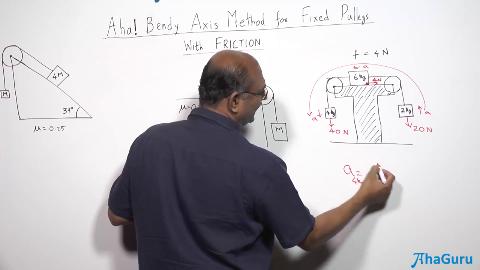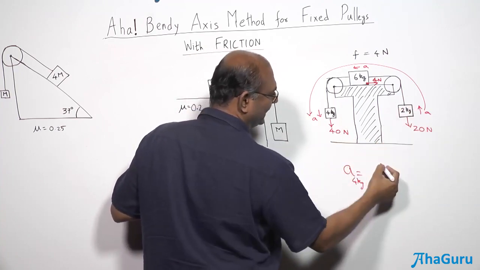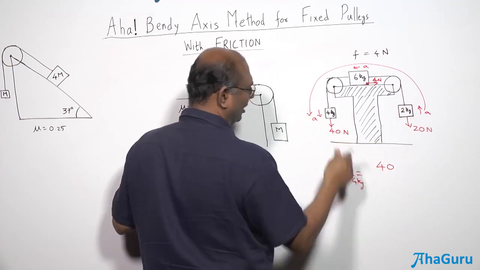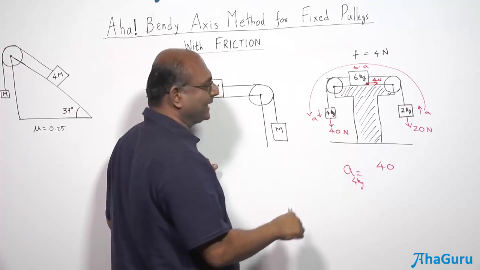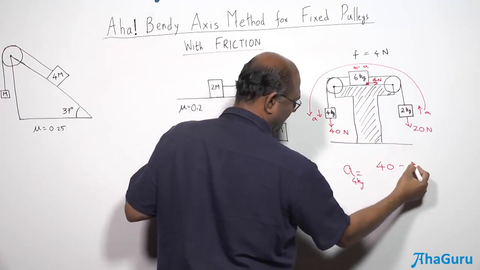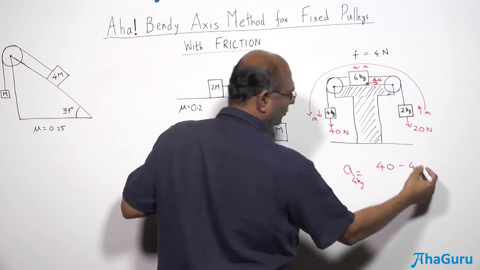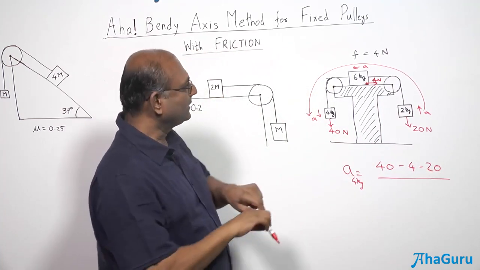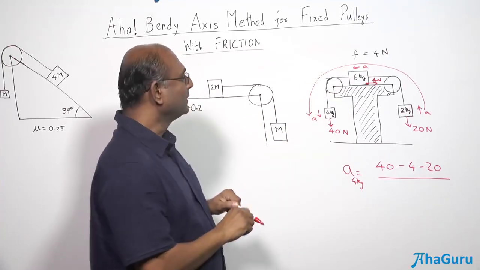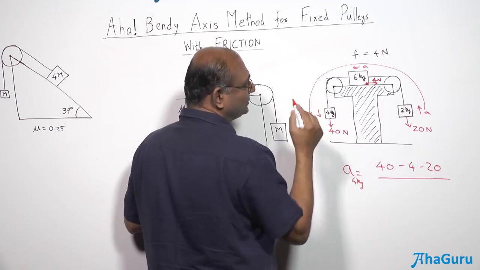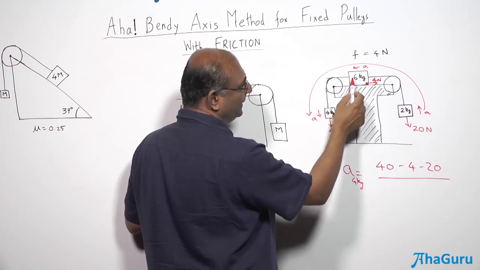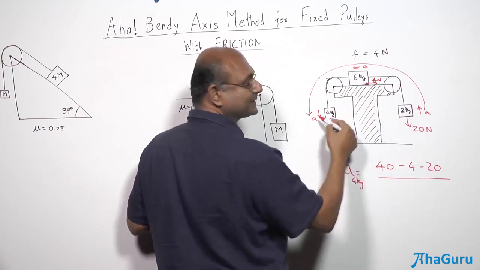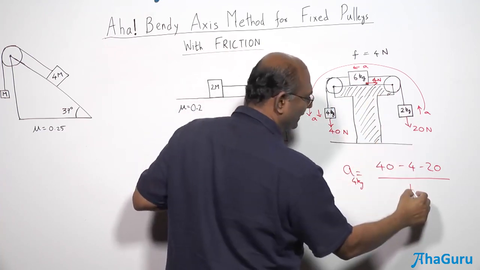So therefore, what is the net force? 40 minus, so let me write all of it. 40 is in this direction, 4 is in that direction, minus 4, 20 is in that direction, so minus 20. Can you see that 4 is in the negative direction? Okay. And that has to grab and pull what? 4 plus 6 plus 2, 4 plus 6, 10 plus 2, 12 kg.